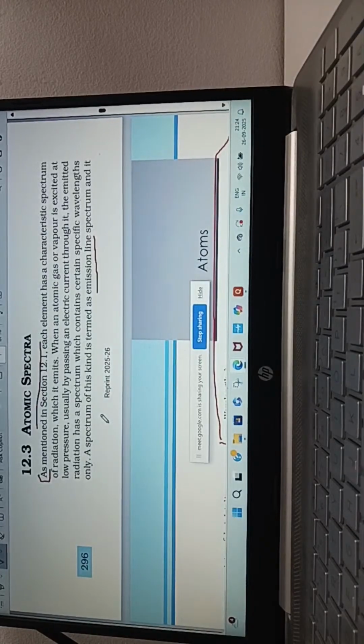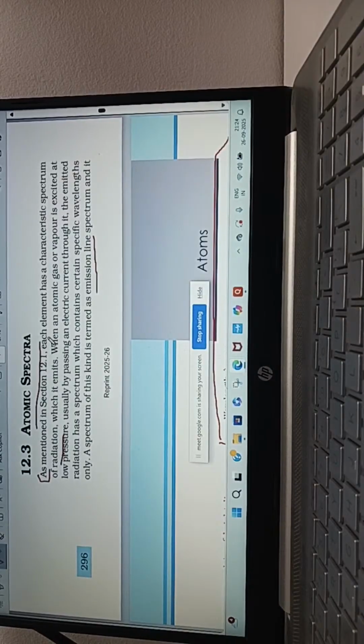See, spectra means what happens when atoms are excited. Here you see the spectrum radiation. That means what is happening here. Actually, this is the nucleus level, right?